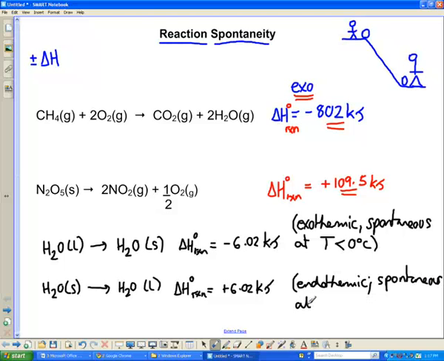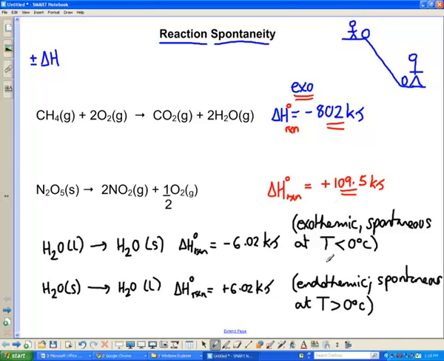It's only going to melt if the temperature is higher, above 0 degrees C. All right. So the important thing here, and this applies to all reactions, not necessarily these numbers, is that reaction spontaneity, at least to do with the enthalpy of reaction, does have a temperature effect.